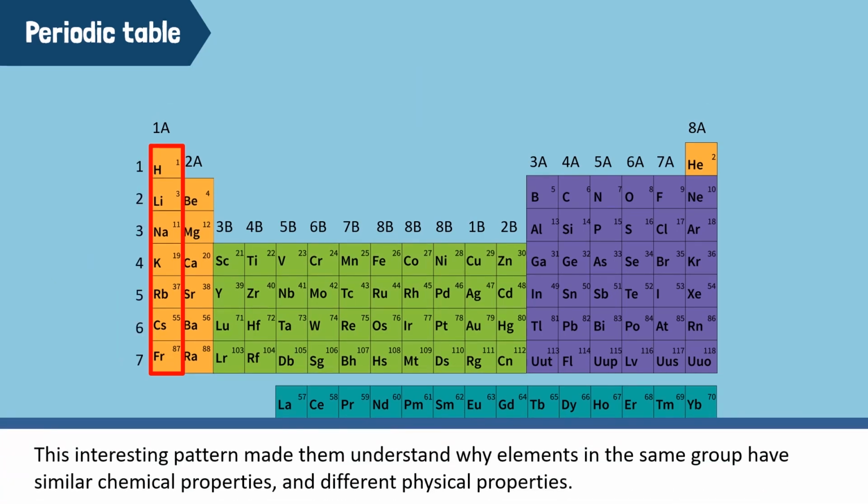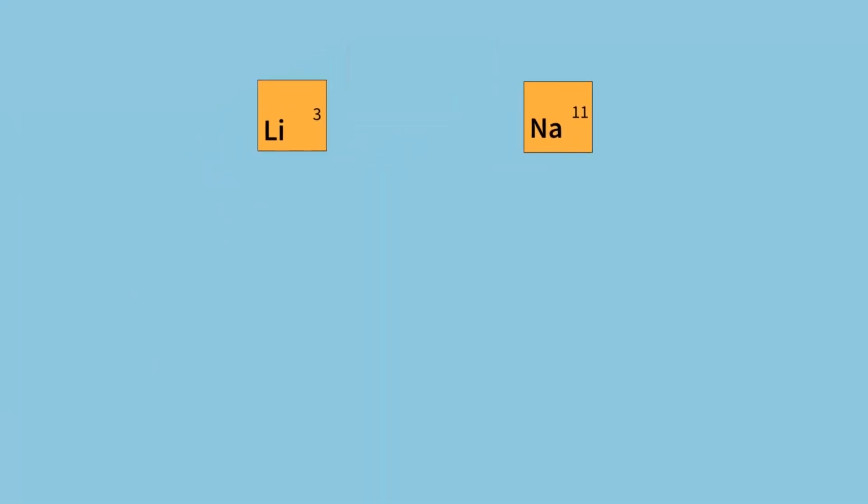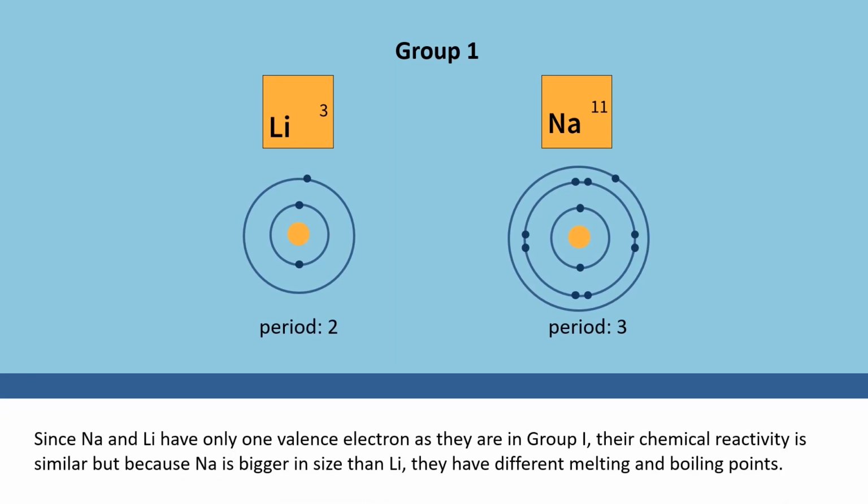This interesting pattern made them understand why elements in the same group have similar chemical properties and different physical properties. For example, since Na, sodium, and Li, lithium, have only one valence electron, they're in group 1. Their chemical reactivity is similar, but because sodium is bigger in size than lithium, they have different melting and boiling points.